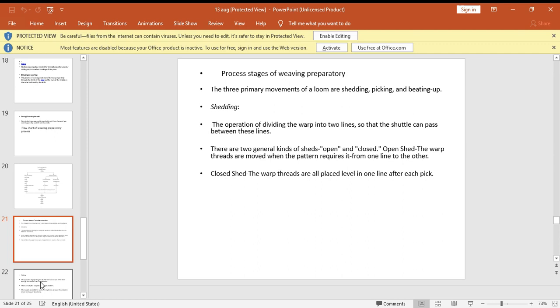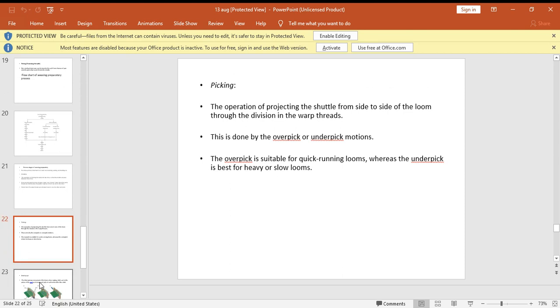In open shed, the warp threads are moved when the pattern requires it from one line to the other. Closed shed is where the warp threads are all placed level in one line after each pick.